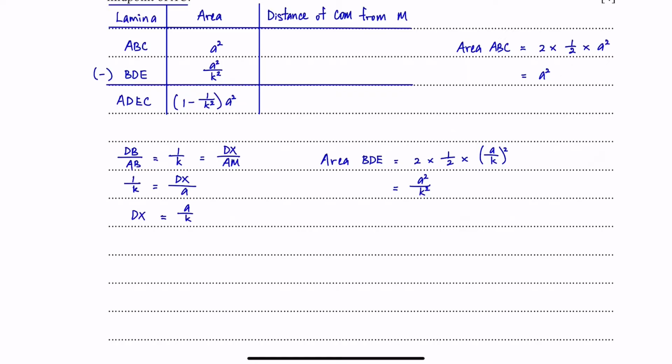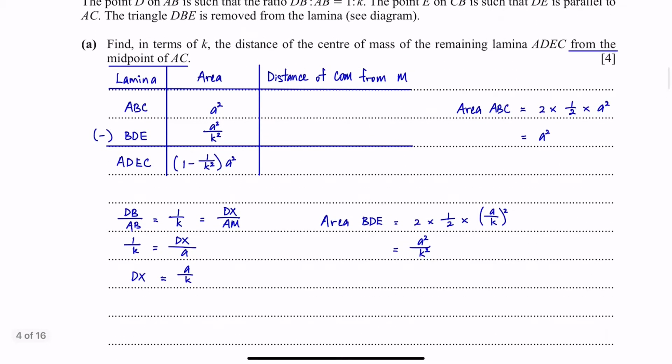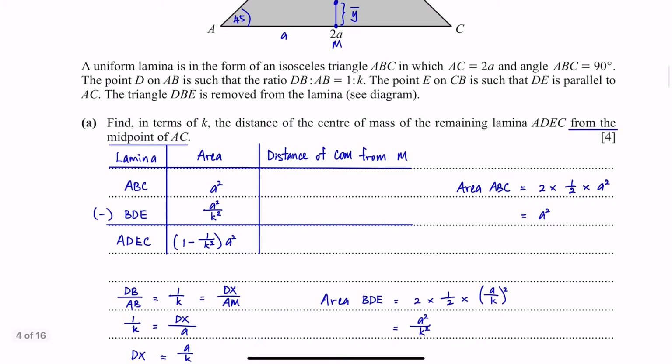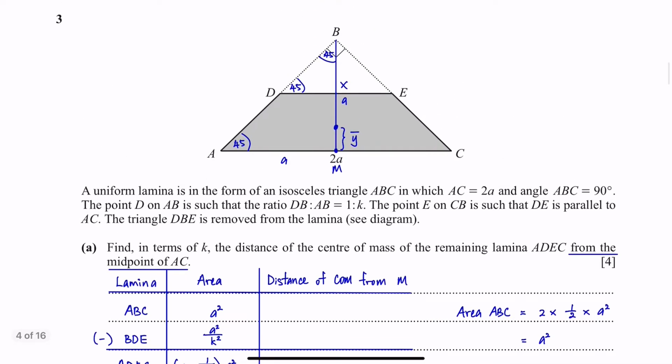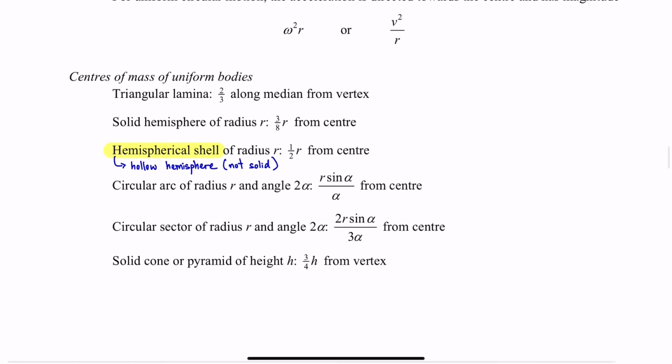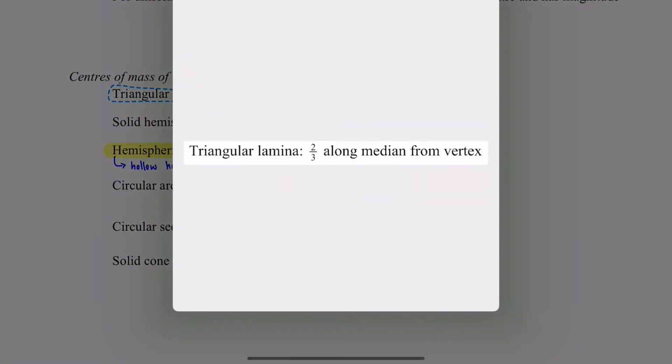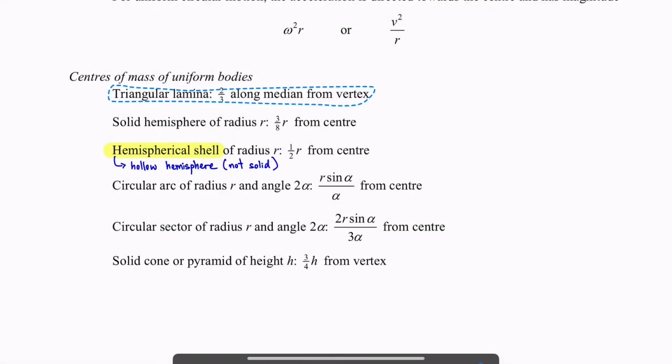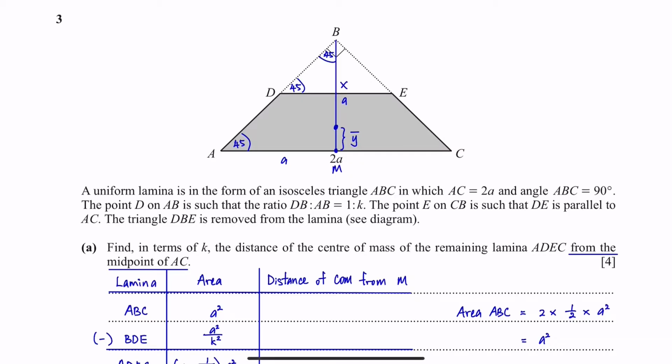Okay, so now we need to find the distance of COM from M. So the distance of COM can be found using this formula. It's a triangular lamina, so we would use this.